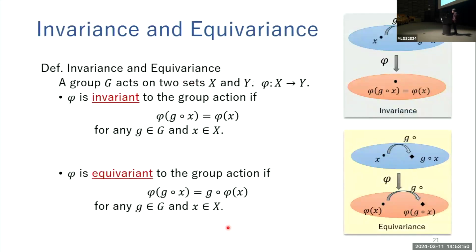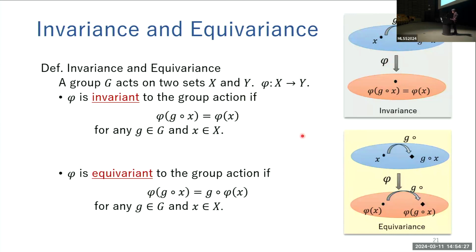Okay, let's talk about invariance and equivariance, which are often used in machine learning literature nowadays. Let's say that the same group is acting on two sets, X and Y, and we have a mapping phi from X to Y. Then phi is called invariant to the group action if the action of the group doesn't change the target value given by phi.